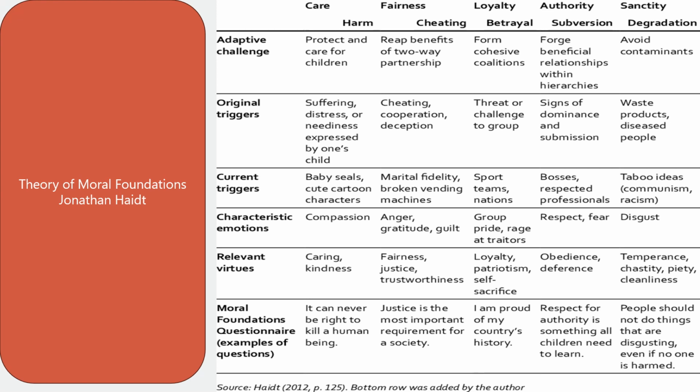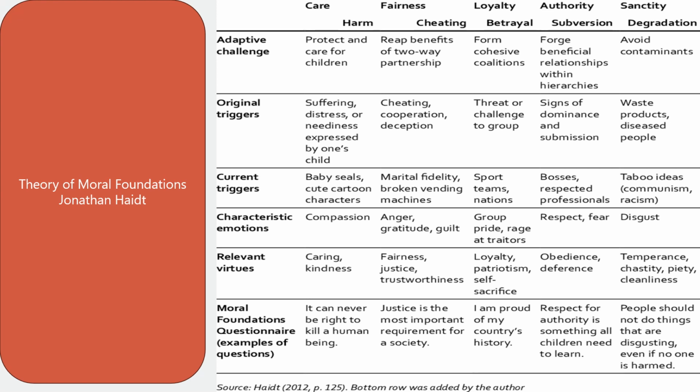From this idea, Haidt develops this idea of moral foundations. If we look at this chart here, we see there are 5 particular foundations. There's care, for which the alternative is harm. There's fairness, for which the opposite is cheating. There's loyalty and betrayal. There's authority and subversion, and there's sanctity and degradation.